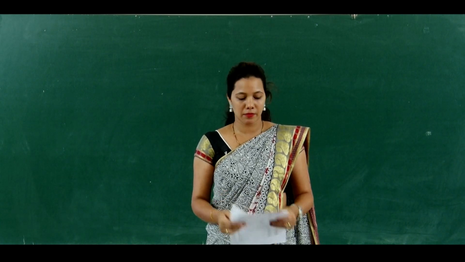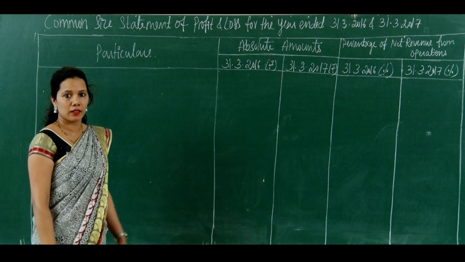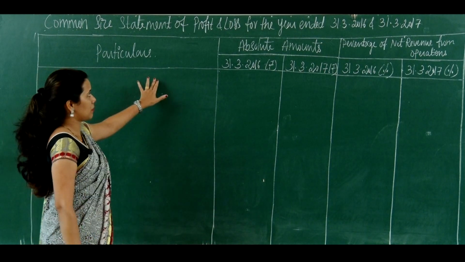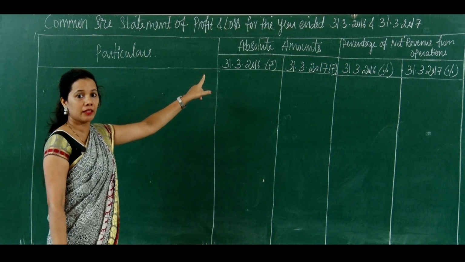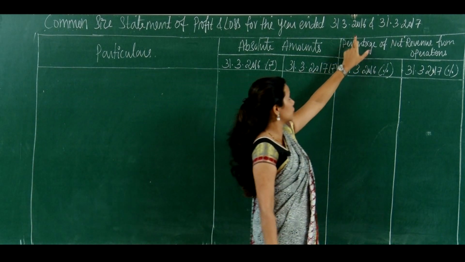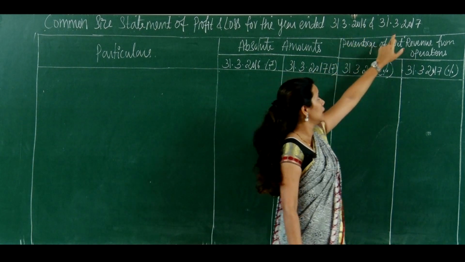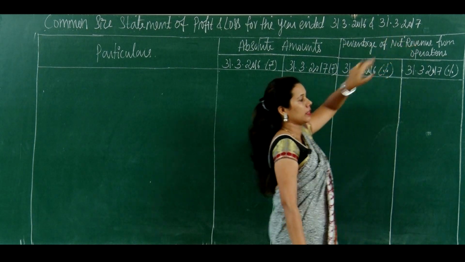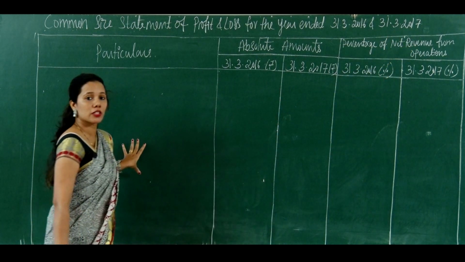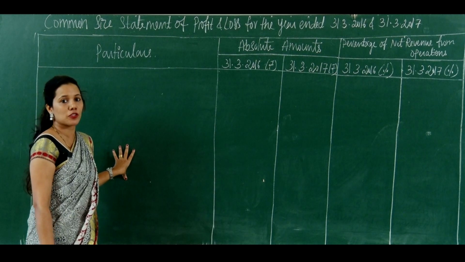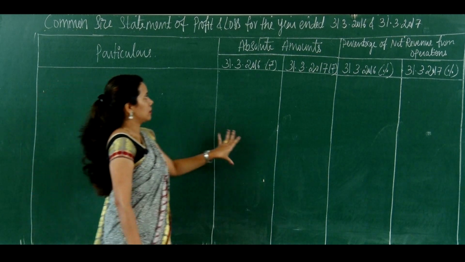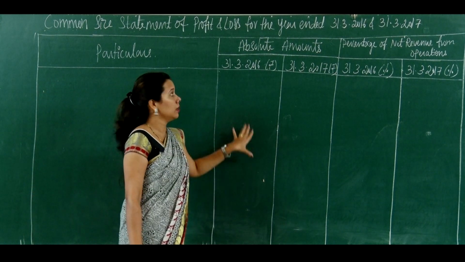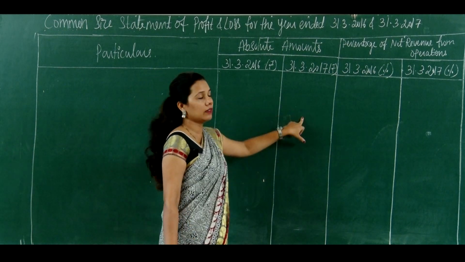So let us start. This is your format, common size statement of profit and loss for the year ended. We have to mention both years, 2016 previous year and 2017 present year. Then you have a particulars column to record all the revenues and expenses, followed by absolute amounts, previous year amount and present year amount.